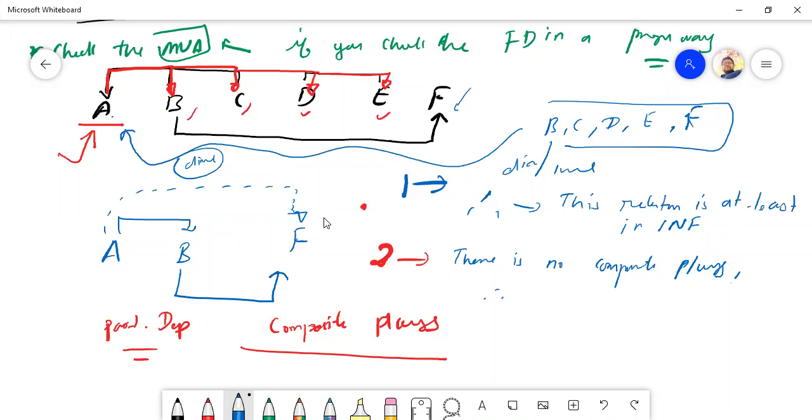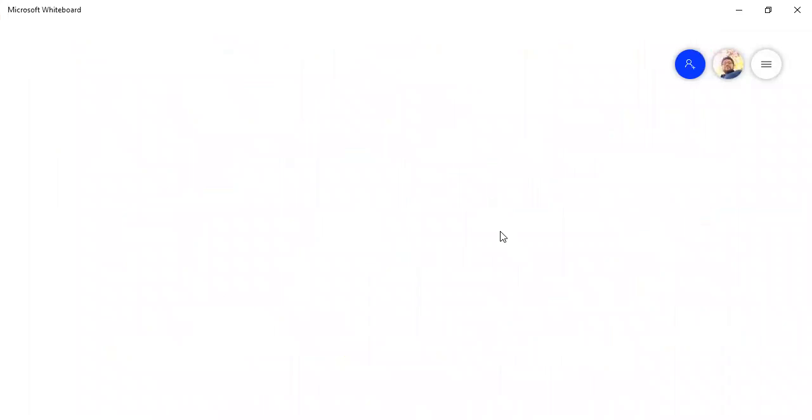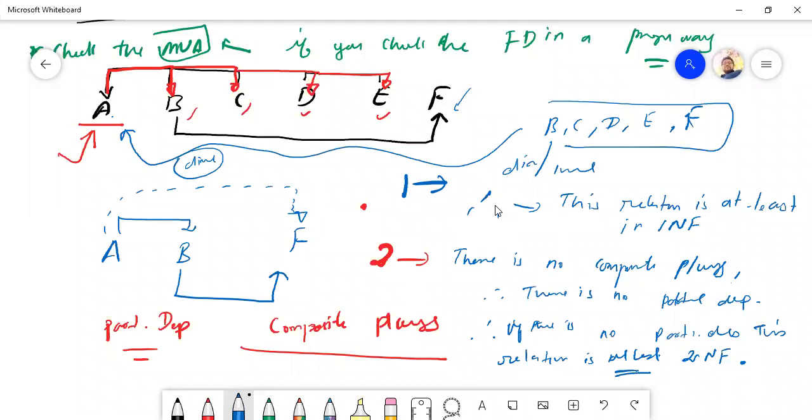So there is no partial dependency, right? If there is no partial dependency, this relation is at least in second normal form. Why we are using the words at least is sometimes this form may be in the third normal form. So we can't say exactly. That is why we are writing like that.